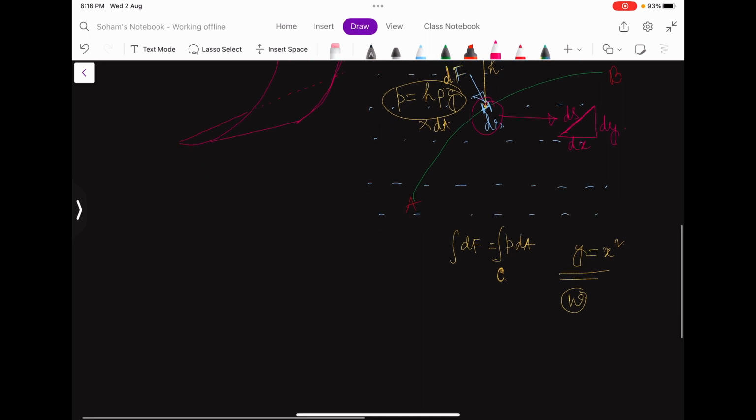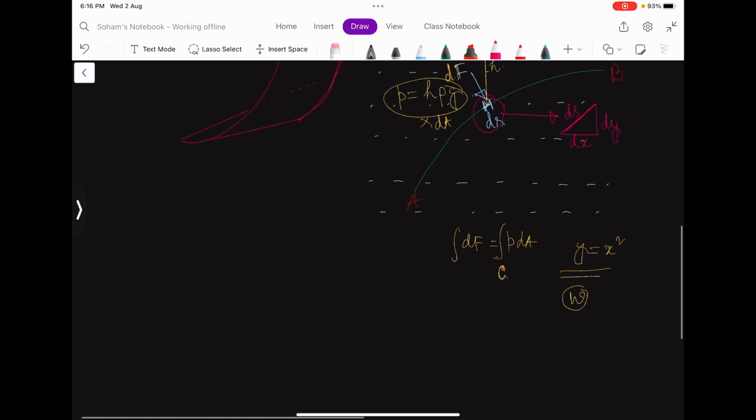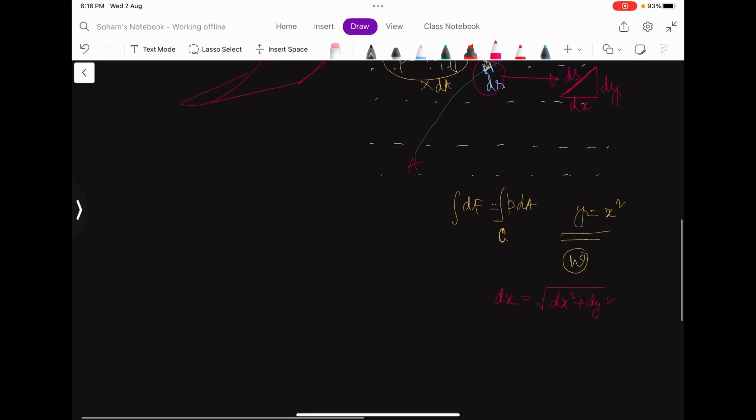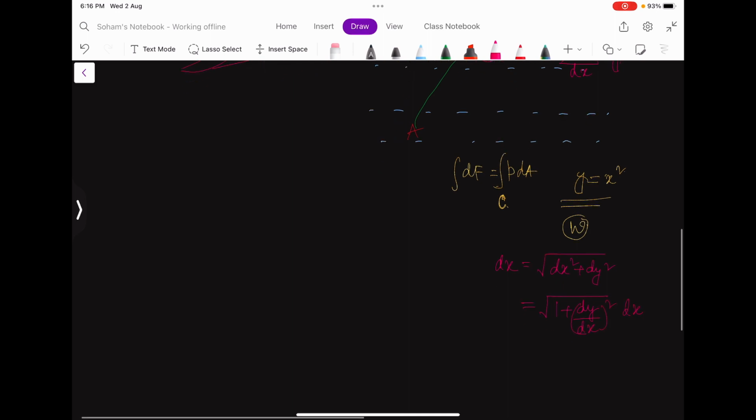So at every part we have ds equals root over dx square plus dy square. If I take the dx common, then it will be root of 1 plus dy by dx whole square into dx.